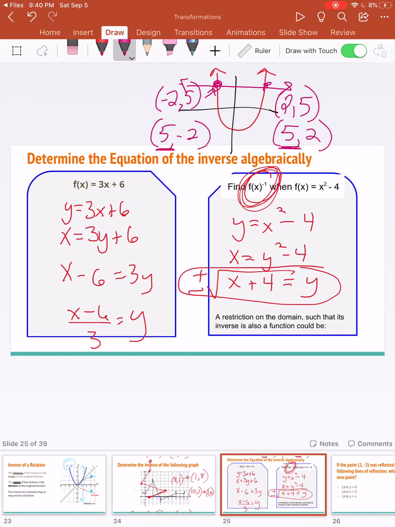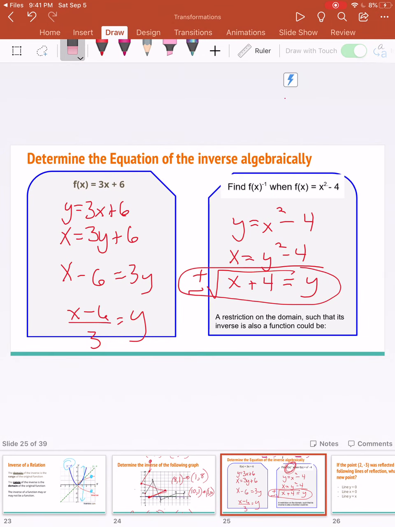So kind of an easy way to spot if your graph fails the horizontal line test, that means the inverse of that graph will fail the vertical line test, because those y values that repeat in the horizontal line test will become x values that repeat in the vertical line test. Okay.